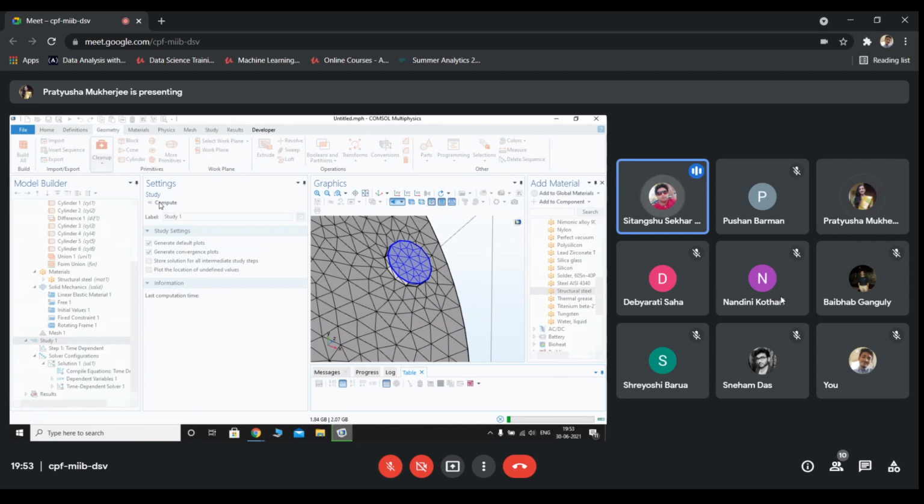Here, whatever so far we have learned, we will try to see how from the transient state, when it is reaching the steady state, how the displacement will be.